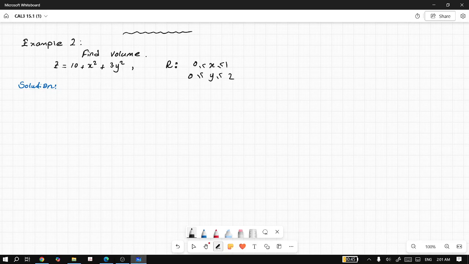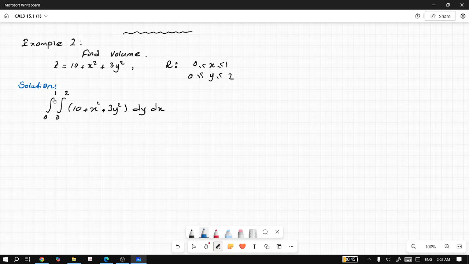So here, the example that we have got is the integral of z. First we are writing the function, the integrand, 10 plus x squared plus 3y squared, and then with respect to y, in which we have to write the boundaries for the inner integration as 0 and 2, and then with respect to x, and the outer integration is 0 and 1.